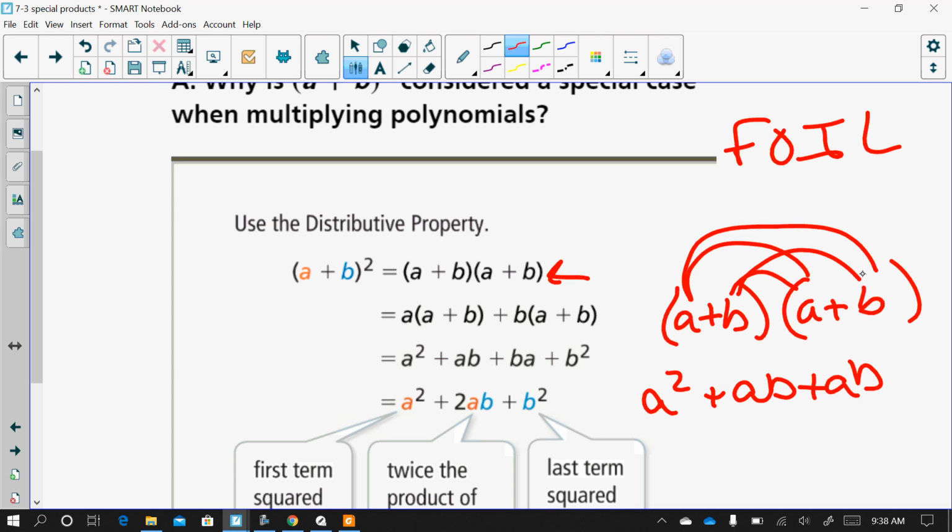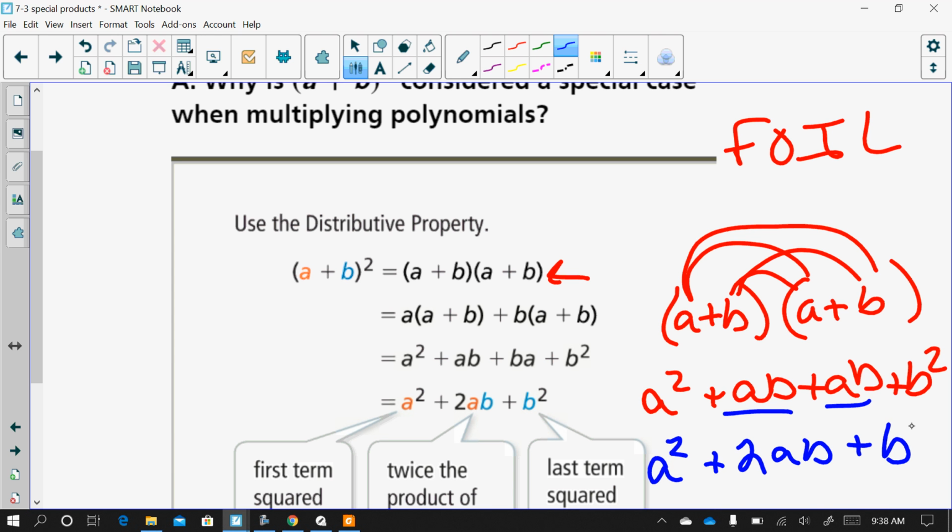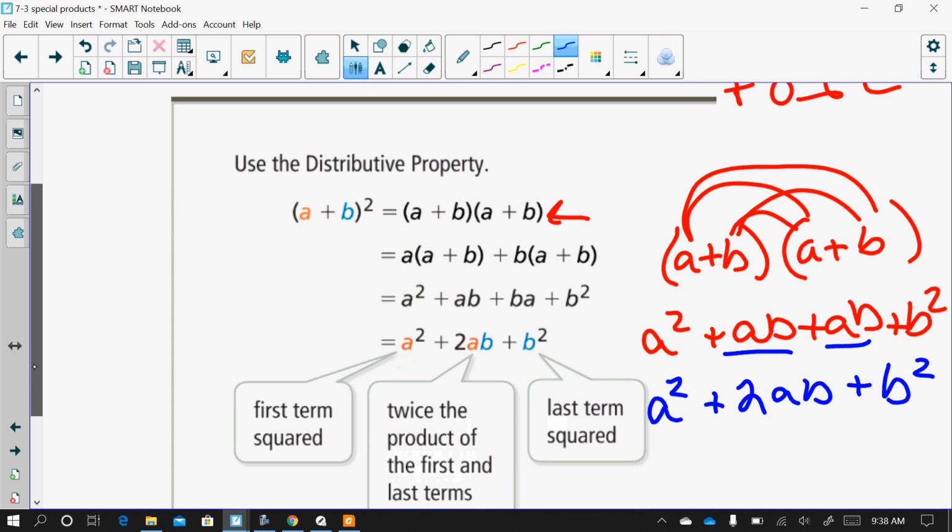And then last times last, b times b is b squared. When we look at these, we look for like terms. Remember, like terms have the same variables. No other a squareds. So we have an ab and an ab, so I really have two of those, and b squared. So this is a special case because there's a pattern here.